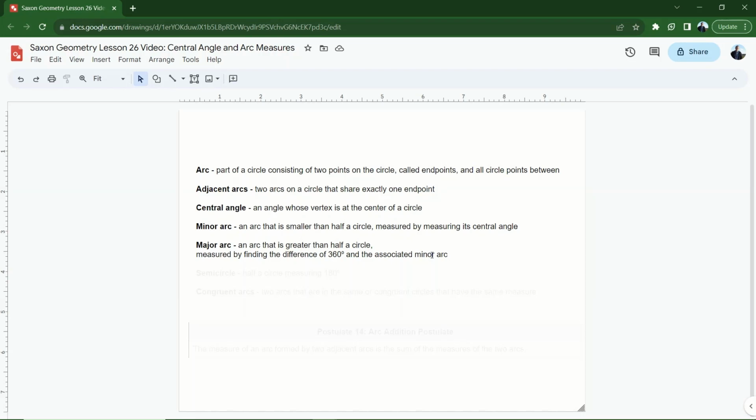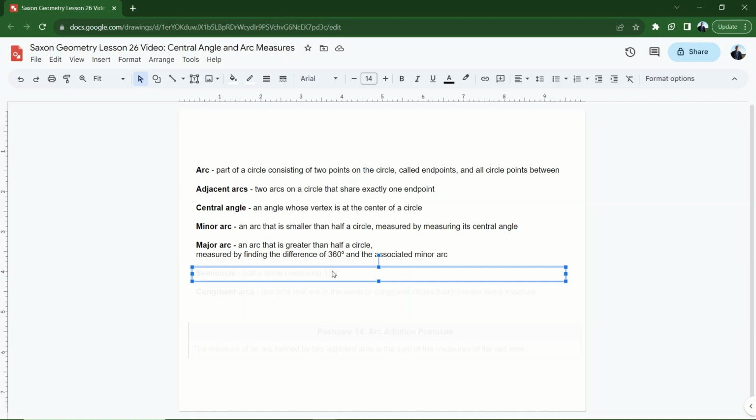Keep in mind the reason we're talking about that is because we have to be able to measure these things using protractors, and protractors only go up to 180. So how do you measure an angle that's greater than 180? You do it indirectly by finding the angle that completes the circle and subtracting from the whole circle.